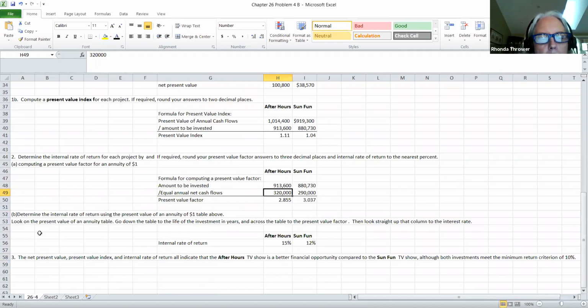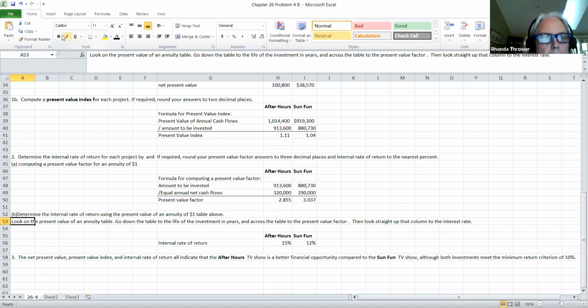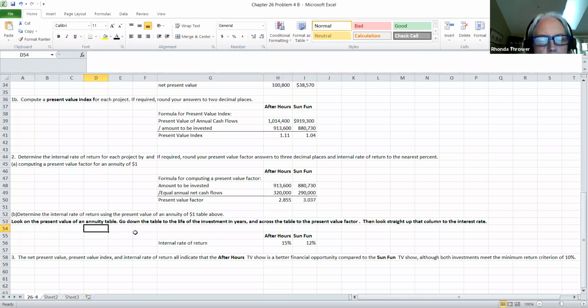So in the next part, they want you to actually determine the internal rate of return using the present value of the annuity table above. And here's how we do this. I put this down here. I'm going to make this bold, by the way, so you'll know to look at that and study this, because this is how you're getting the internal rate of return.